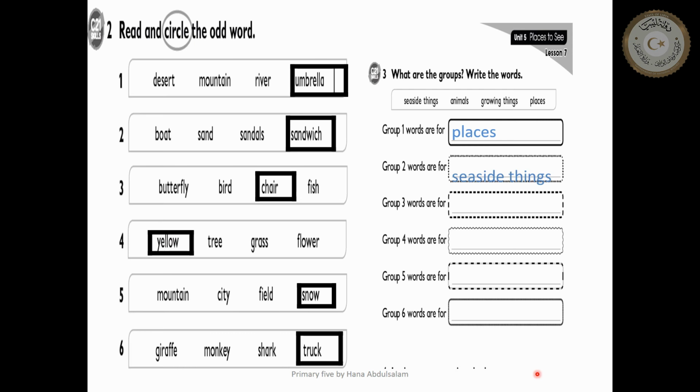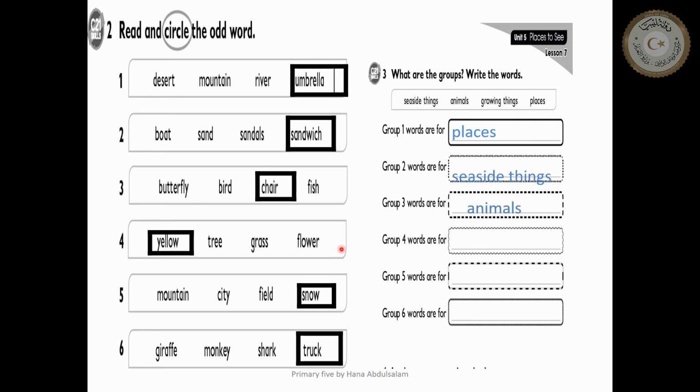It is seaside things. Now number 3, we have butterfly, bird, chair, and fish. So butterfly, bird, and fish are seaside things, animals, growing things, or places? Of course, animals.